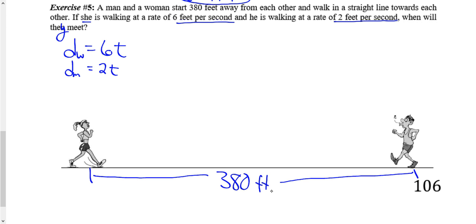So their two distances, which we have equations for, have to add up to what? 380. For them to meet, right? So that means the two of them together covered 380 feet. Their distances have to add to 380.